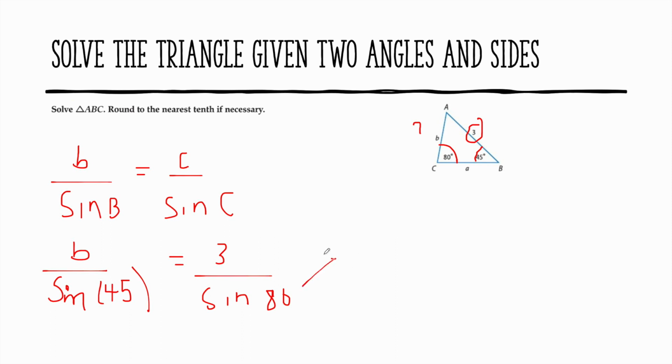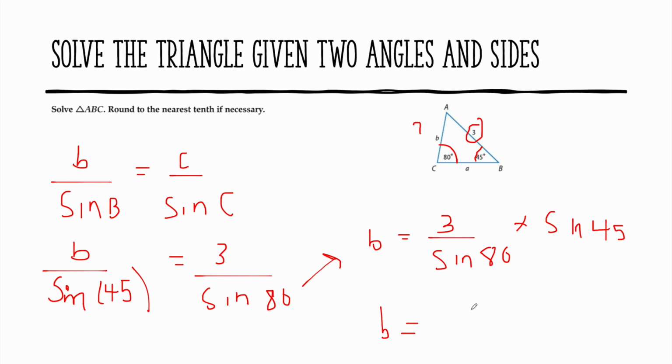So b will be equal to 3 divided by sine 80 multiplied by sine 45. Okay, b will be equal to, let's put it in the calculator, 3 divided by sine 80 multiplied by sine 45.